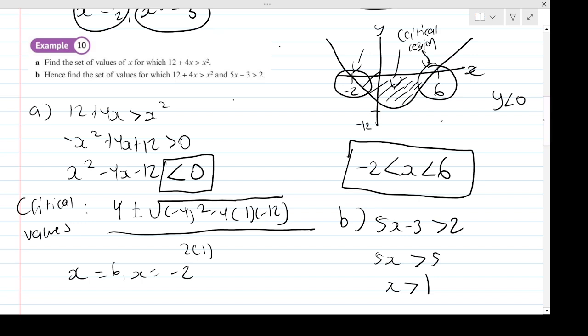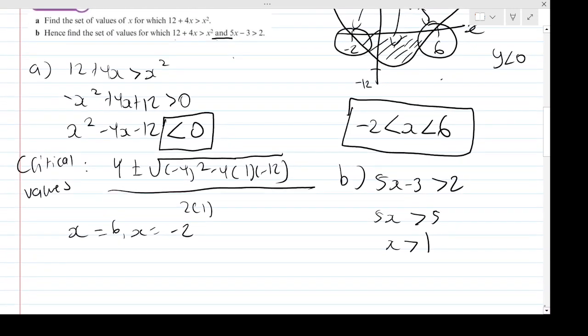Now, we also looked last time at having multiple inequalities that you need to combine. Two different inequalities that you need to solve together. This time it's saying "and", which means the x value has to satisfy both inequalities. So x is greater than 1, and from part A, x is between -2 and 6.